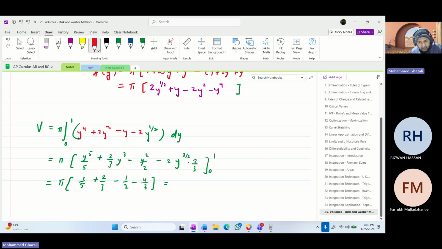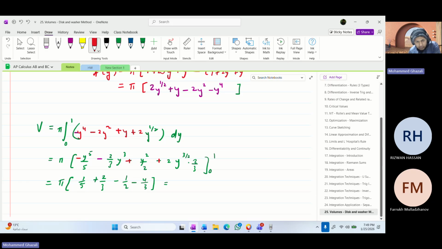So minus y to the power 4 minus 2y squared plus y plus 2y to the power half.